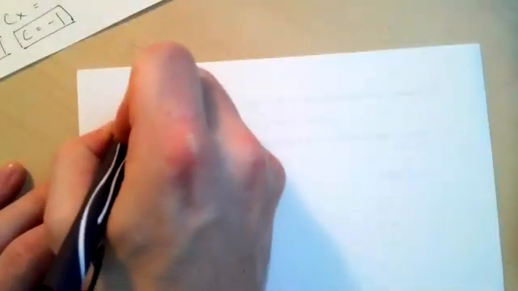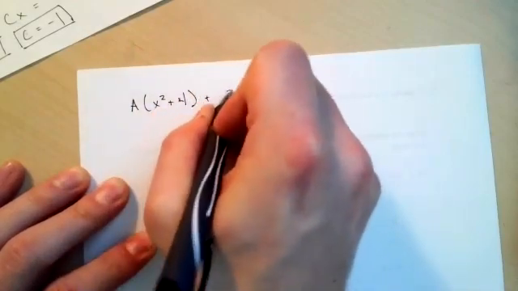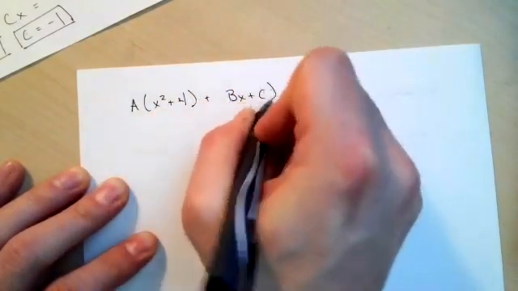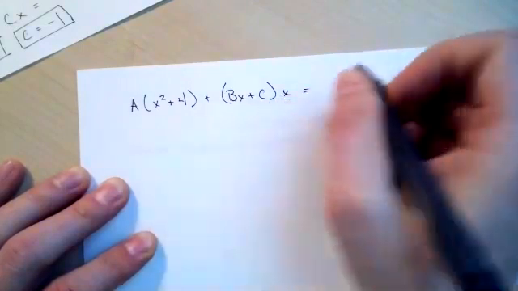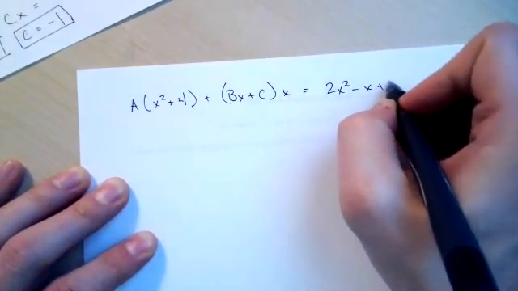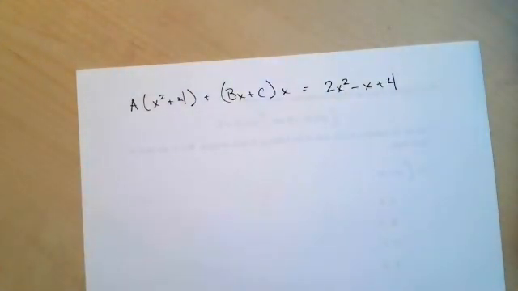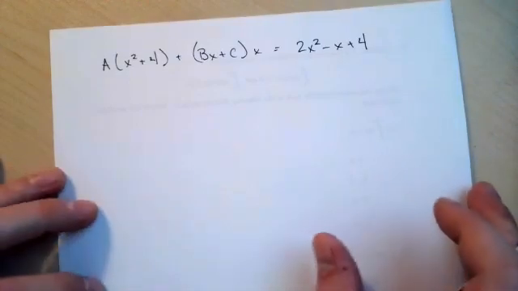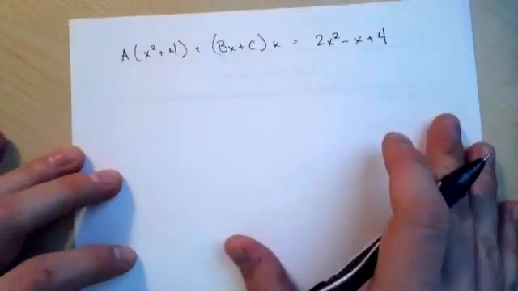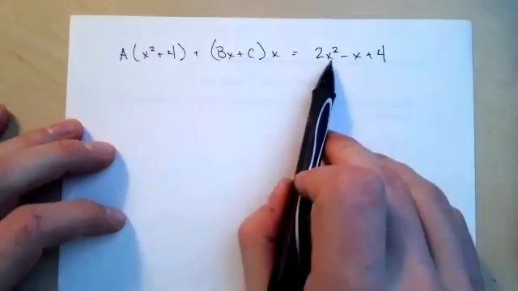So we've got a times (x squared plus 4), plus (bx plus c) times x, is equal to 2x squared minus x plus 4. And we want to solve for our constants a, b, and c. The official way is to multiply everything out and then combine your like powers.